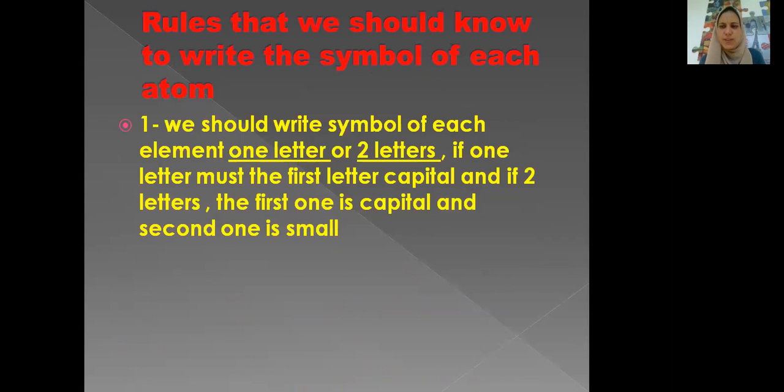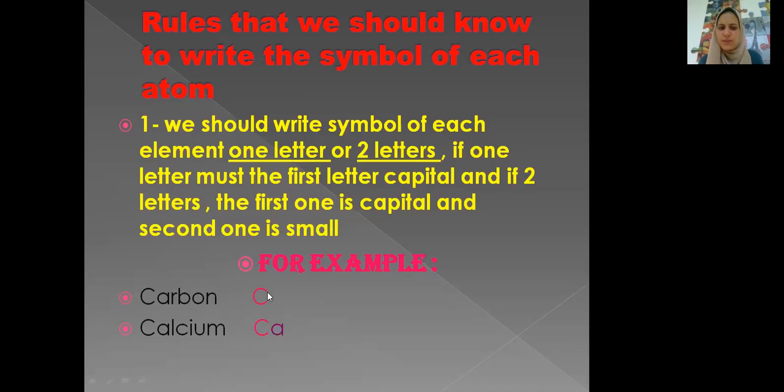You can write the symbol of any atom or element by one letter or two letters. If one letter, it must be a capital letter. If two letters, the first one is capital and the other is small. For example, carbon is C capital. If I write calcium, it's Ca. Why here we have one letter and here we have two letters?